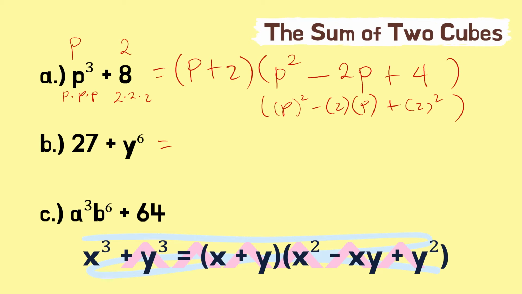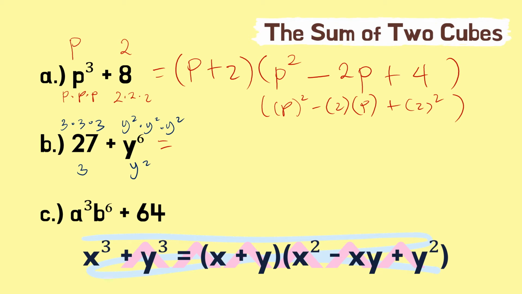27 plus y raised to 6. Okay. So 27 is a result of 3 used as a factor 3 times. Si y raised to 6, that is a result of y squared used as a factor 3 times. So, the two numbers that you are going to focus on are 3 and y squared.